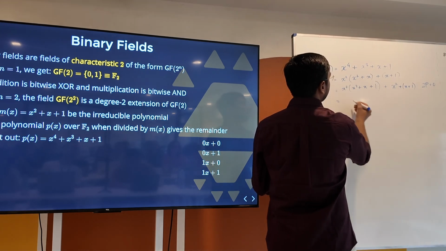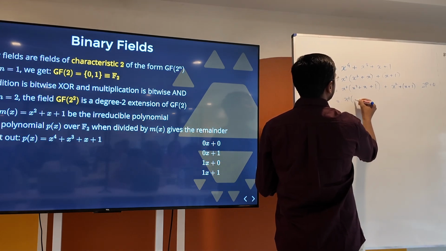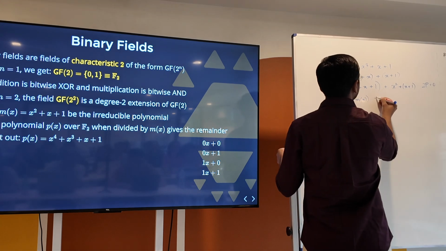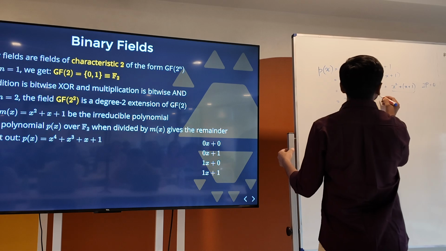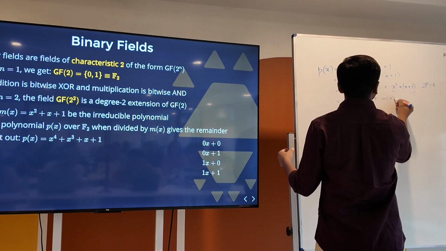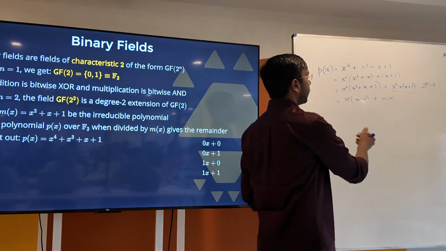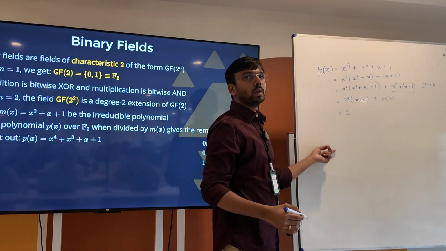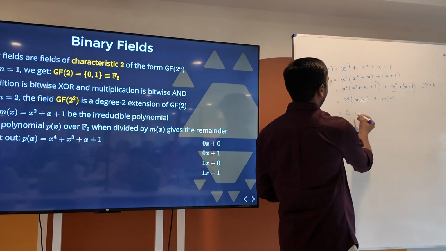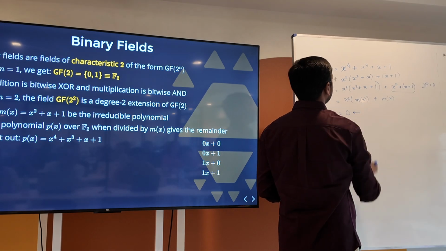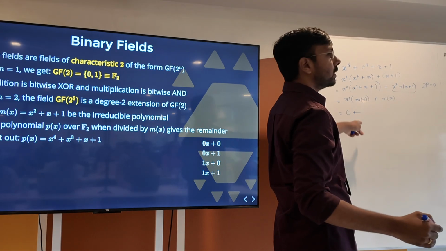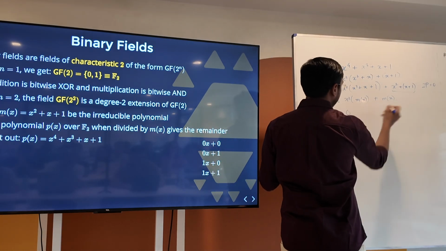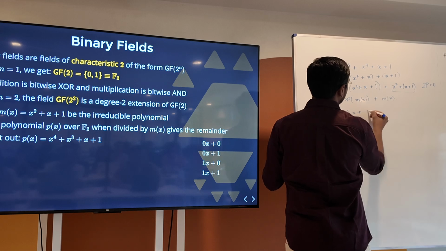Now you see this becomes your irreducible polynomial, plus this also becomes your irreducible polynomial. And now if you divide this by m of x, you're going to get 0. So what this 0 means is, if you actually solve this, it will be 0x plus 0.